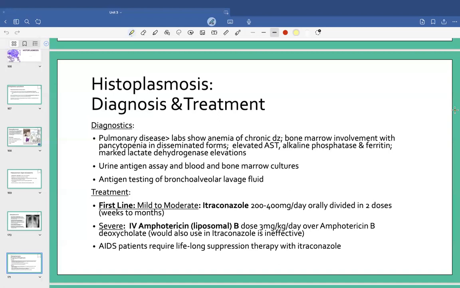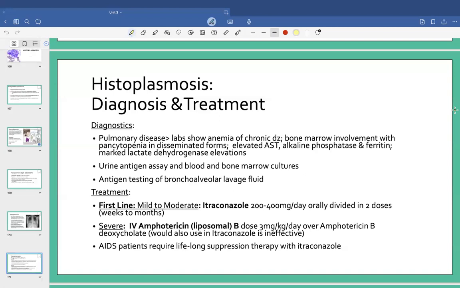Treatment. Well, if it's asymptomatic and you don't have any symptoms, you don't need to do anything. But if you have mild or moderate infection, fluconazole, itraconazole is preferred over fluconazole. In studies, fluconazole showed less favorable outcomes.